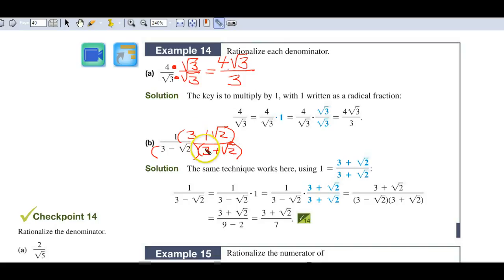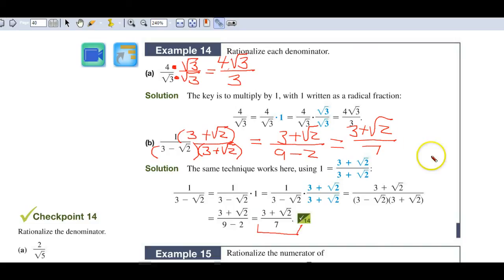Anything divided by itself, except 0, is a 1. So our numerator now becomes 3 plus the square root of 2, and our denominator we just FOIL, 9 minus 2, which becomes a 7. So we have 3 plus the square root of 2 over 7.